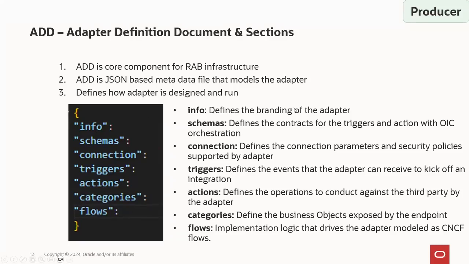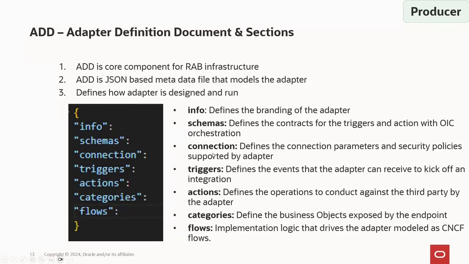What are the areas that we are going to customize, right? One is the info section. It defines the branding of the adapter. So we're going to go into detail. Schemas define the contracts with which the triggers and actions in the OIC orchestration are created.